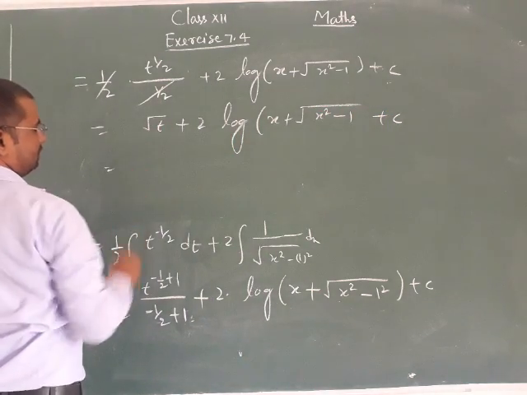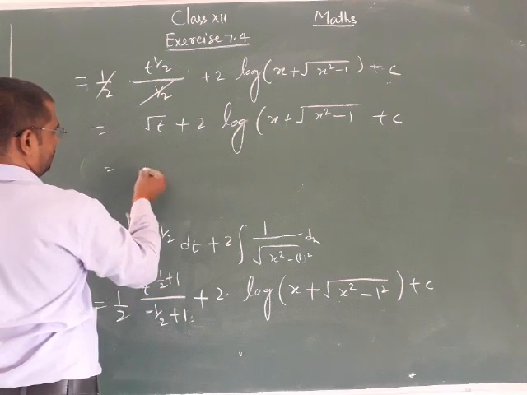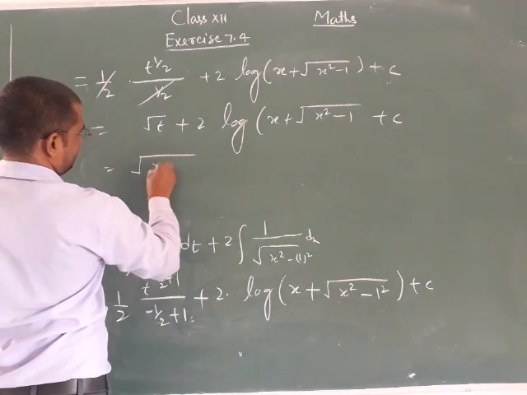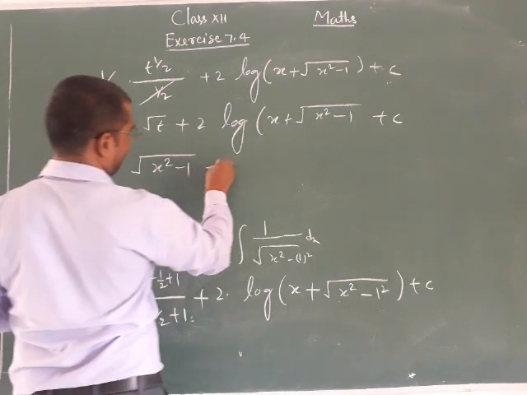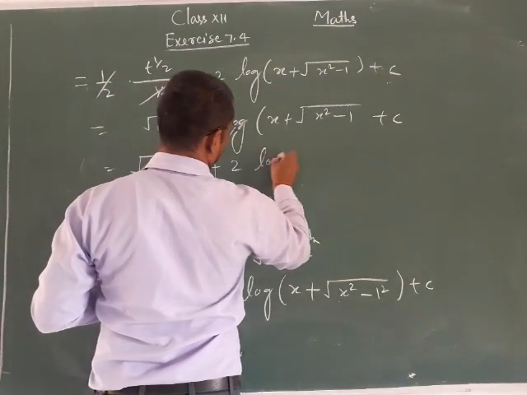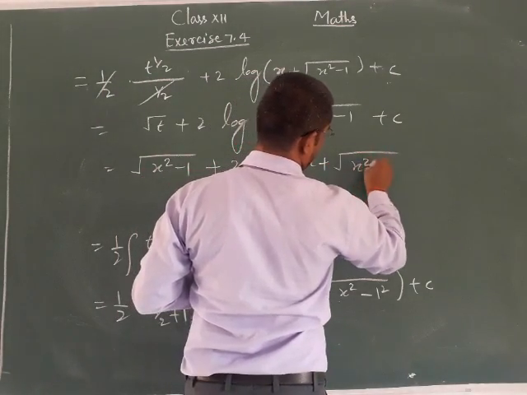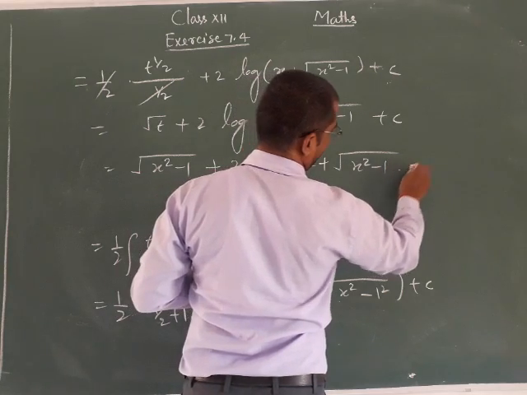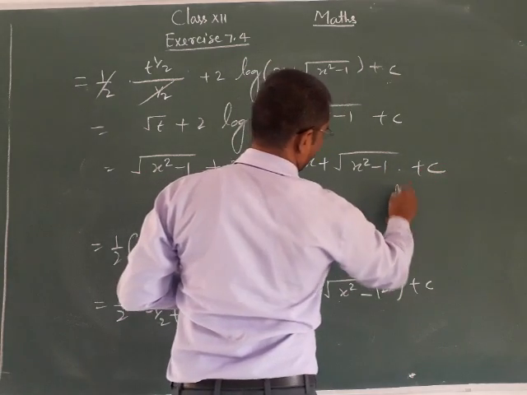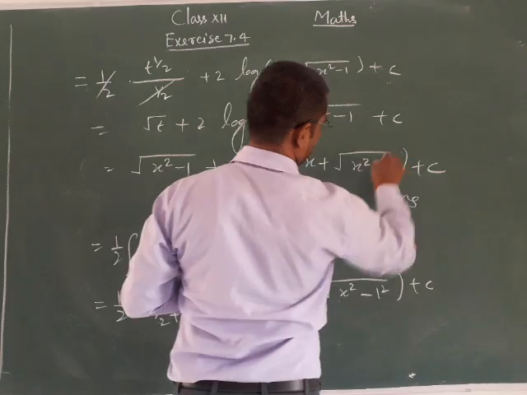Also changing t in x, root of x square minus 1 plus 2 log of x plus root x square minus 1, plus c. This is the answer.